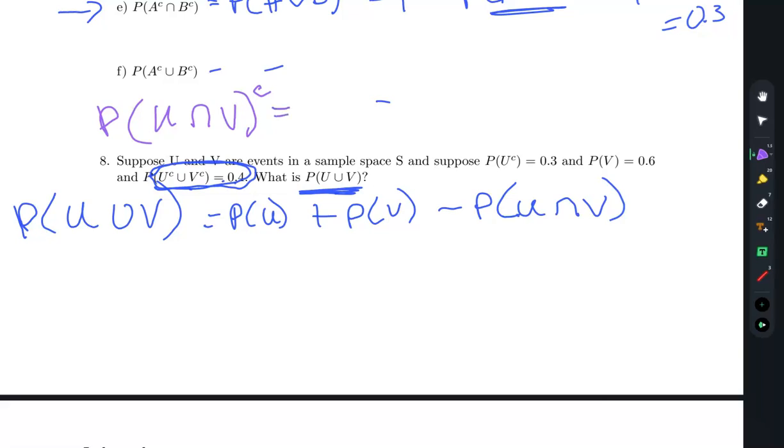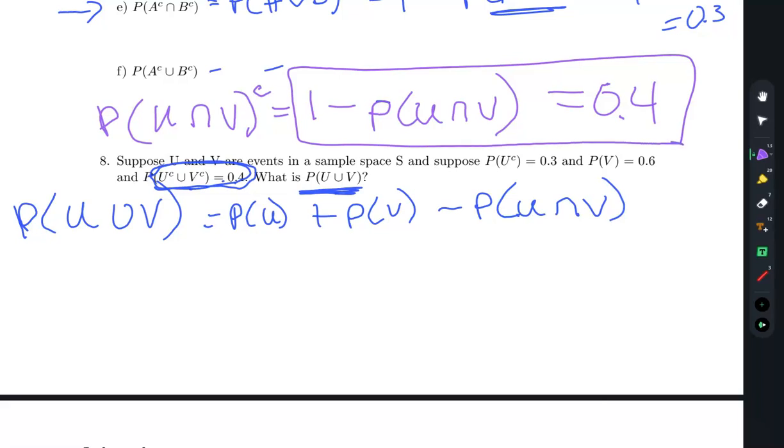So I know that that means 1 minus U and V is equal to 0.4. So from this equation, I can figure out that this quantity is going to be 0.6. So 0.6 for that one.